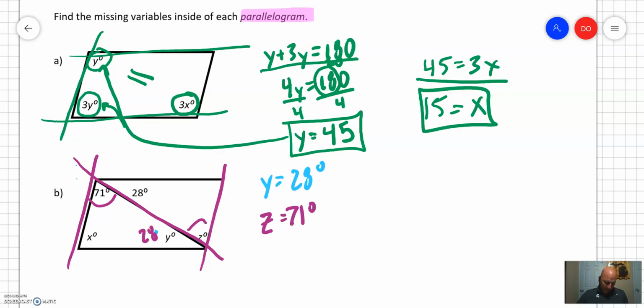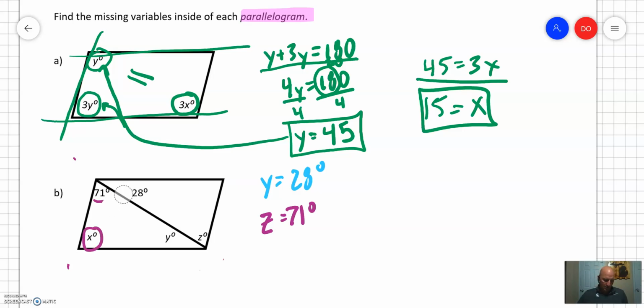So we have 28 degrees down here, 71 degrees. We should be able to figure out the third angle measure over here, that measure of angle x. And you can do this a couple different ways. You could combine these two angle measures, 71 and 28, if you want to, and know that they should be supplementary with x.